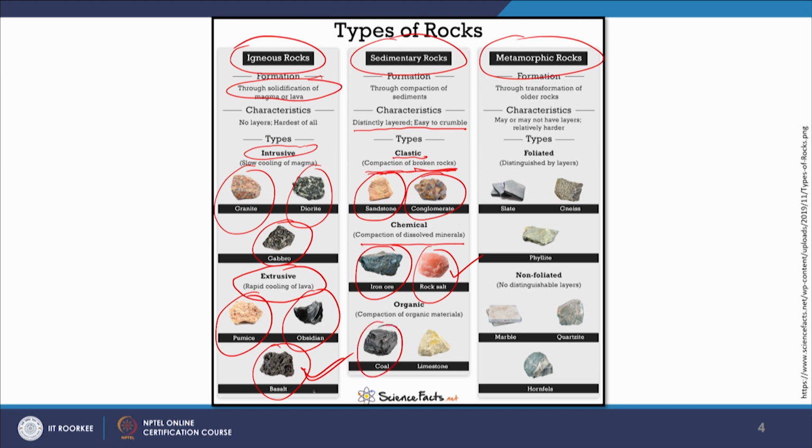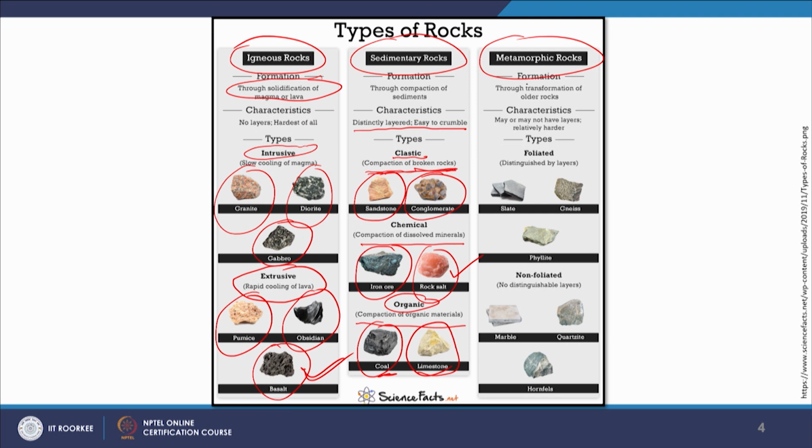Then coal is also there, though coal is organic in origin, that means from plants or animals, mainly from plants. And then of course limestone is also there. So these are all the main sedimentary rocks. There will be many other sedimentary rocks, but we are not discussing all types of rocks, just the major ones which concern us from the groundwater engineering point of view.